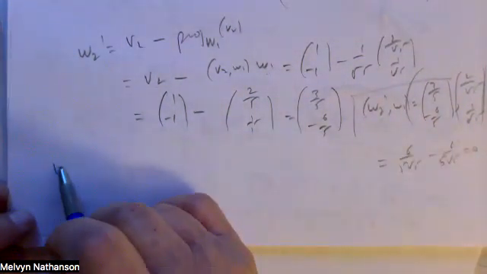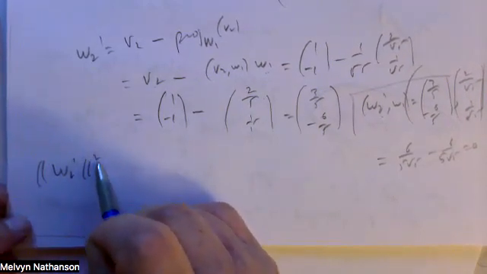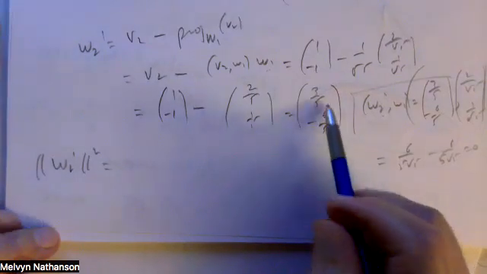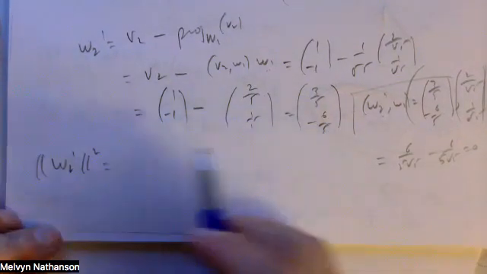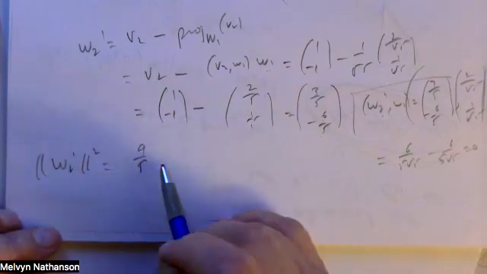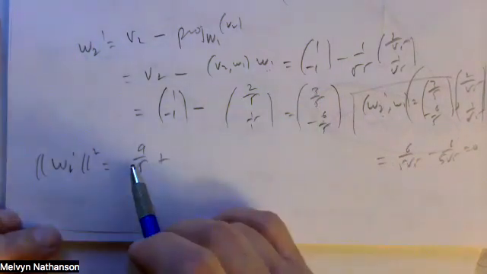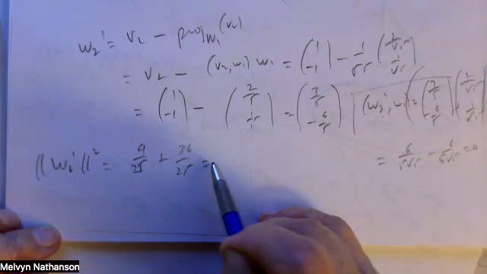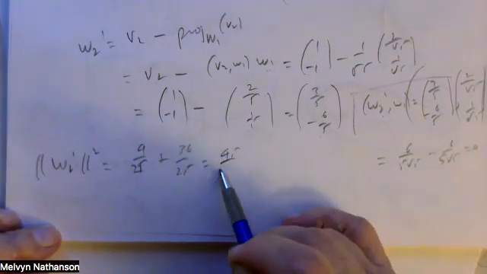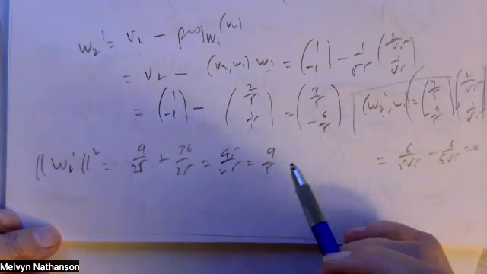What is the length of w2 prime? If I take the length of w2 prime squared, that's the inner product of this vector with itself. That's the sum of the squares of the coordinates. That's 9/25 plus 36/25, which is 45/25, which is 9/5.